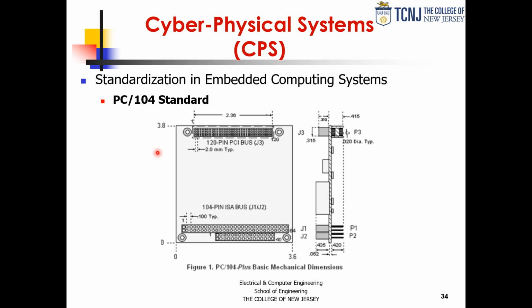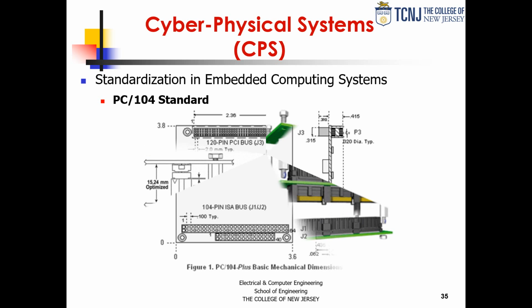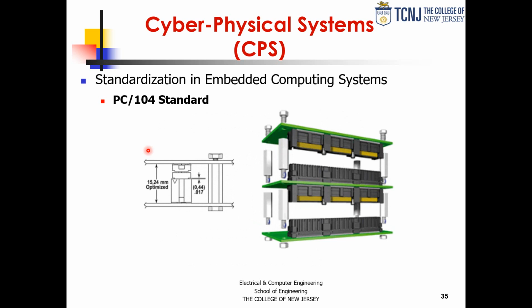And at that point, the real estate being occupied by the connectors started getting pretty big. So that's a rendition of how the concept of stacking any number of these boards for different types of functionality and addressing different needs.